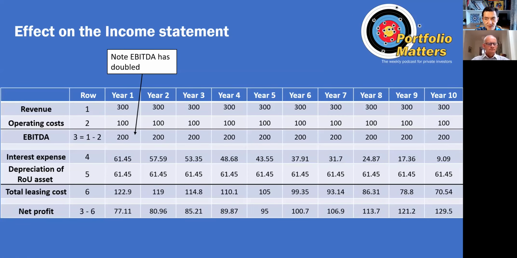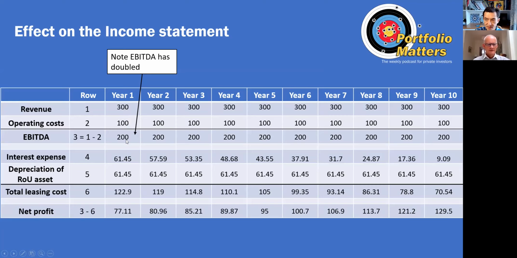Now, those numbers then will affect all aspects of the financial statements. So if we now look at the income statement under IFRS 16, we have revenue of 300, we have operating costs of 100.